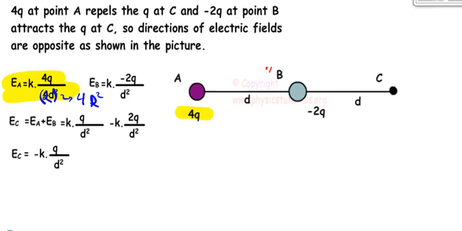For B, it is a distance of 1d away, so 1 squared times d squared is just d squared. And then you plug in the -2, it comes along with it. In order to find the total electric field at any one point, you just take A plus B, and that should give it to you.